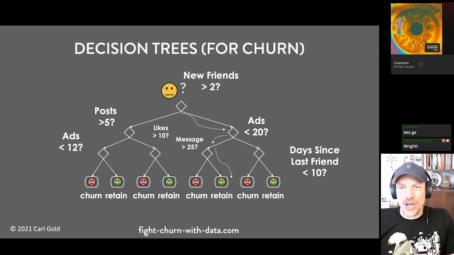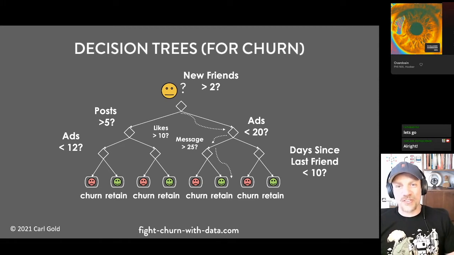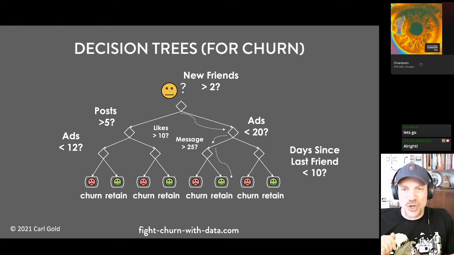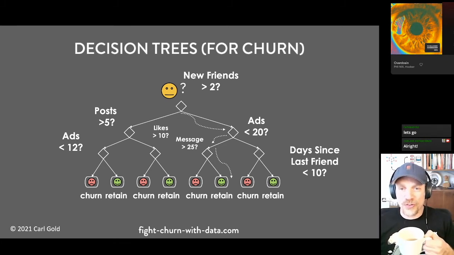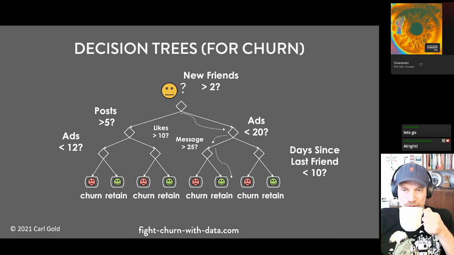And if the answer is no, then we go down to this other node where it might say, how many messages did they send? And then based on the answer of these questions, you get to the terminal node of the tree, and then each terminal node will give you a prediction of either churn or retention, depending on how that customer traversed the tree.